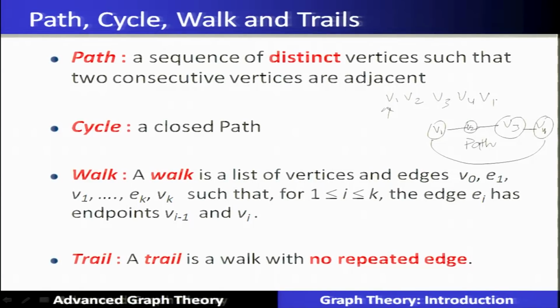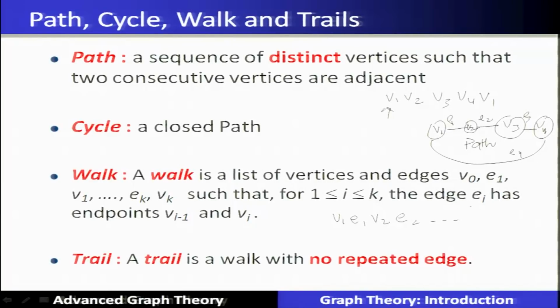Walk: a walk is a list of vertices and edges such that for a particular edge Ei, it has the endpoints Vi minus 1 and Vi. So, for example, if the edges are E1, E2, E3 and E4, you can write down the vertex V1, E1, V2, E2 and so on.